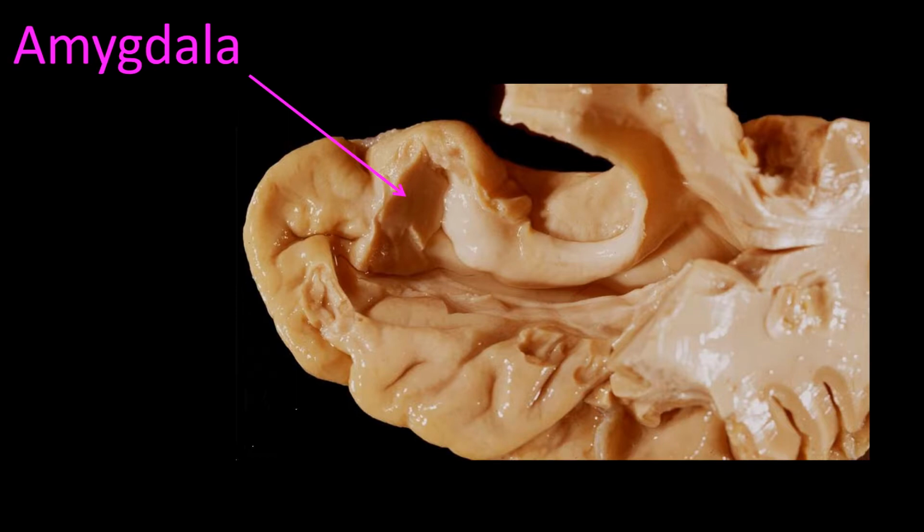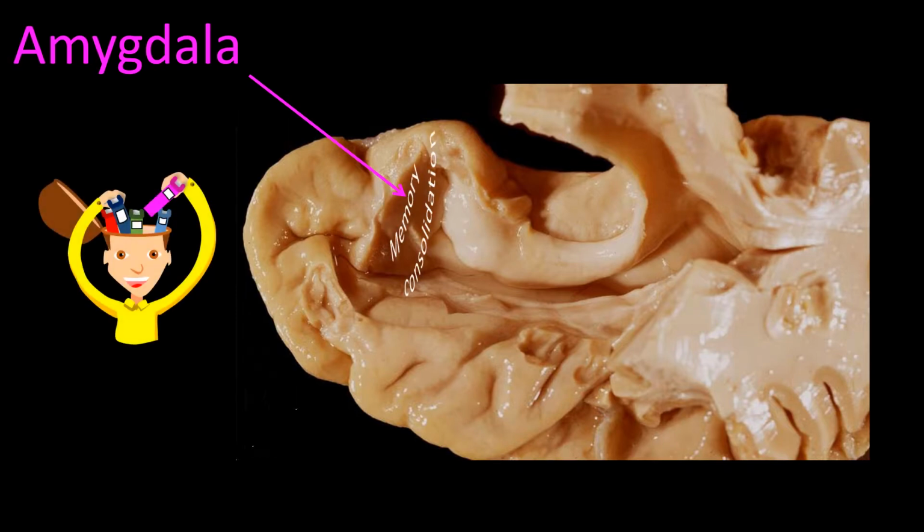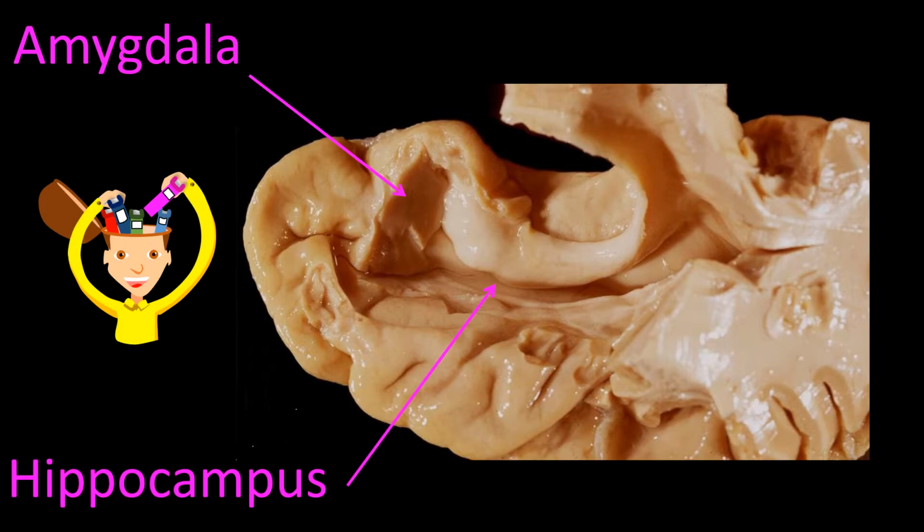In it you find the amygdala, the organ for memory consolidation, which I have inscribed first in white and now in green, and you can also see the hippocampus. And in the back, at the level of the posterior horn, you can get a partial look at the calcar avis.